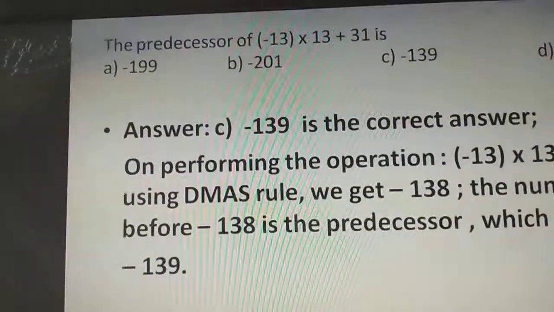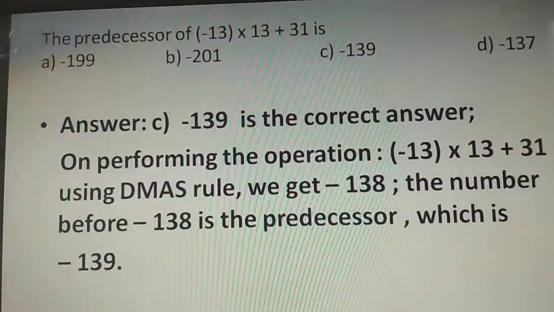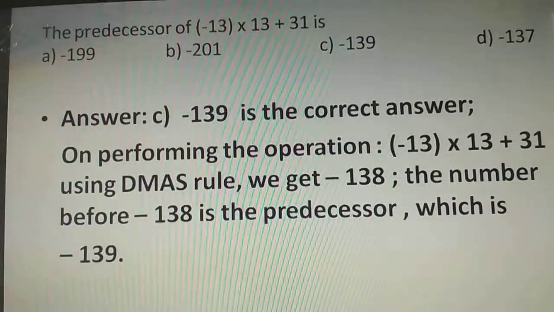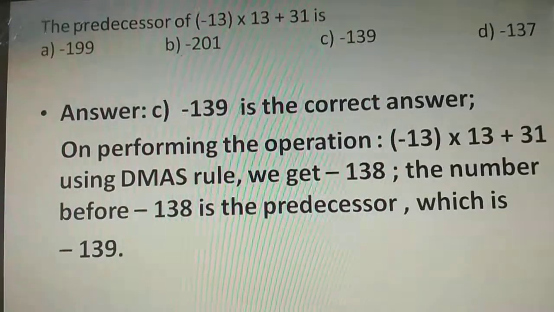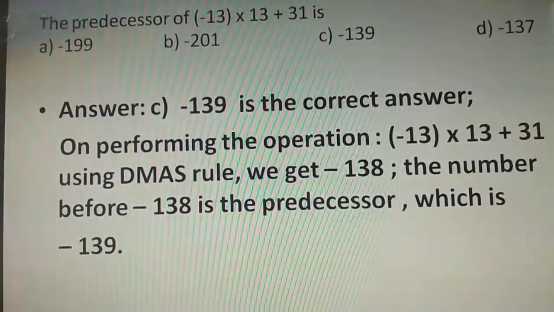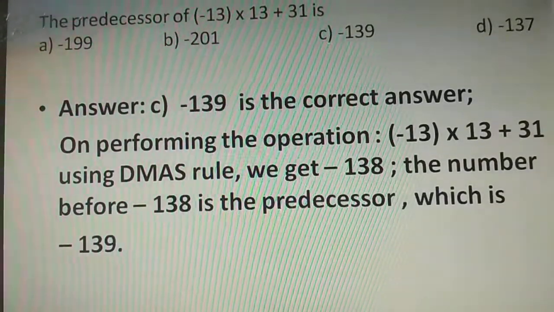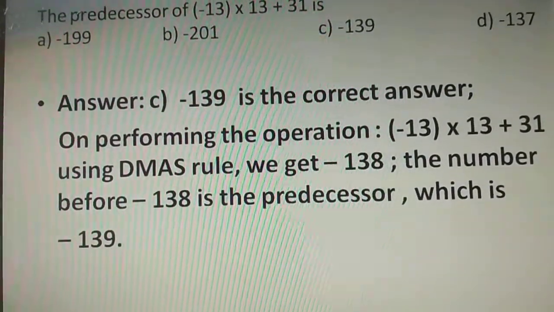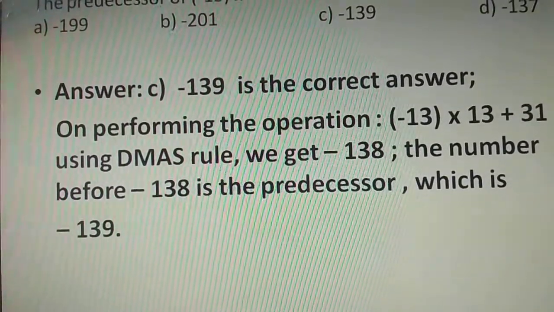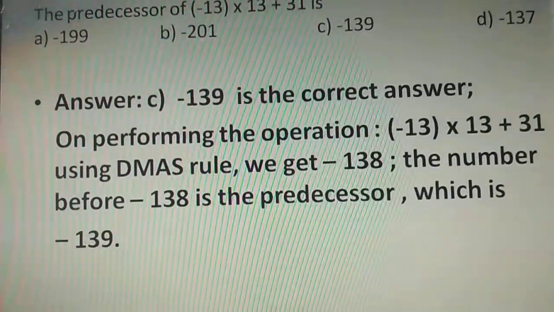This question was a little bit confusing. The predecessor of minus 13 into 13 plus 31 is, we are given four options here: A 199, B 201, C minus 139, and D minus 137.